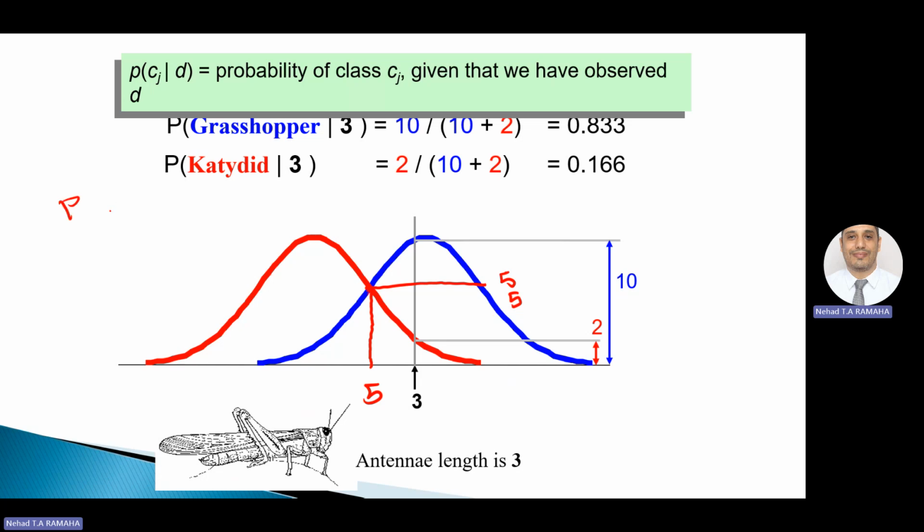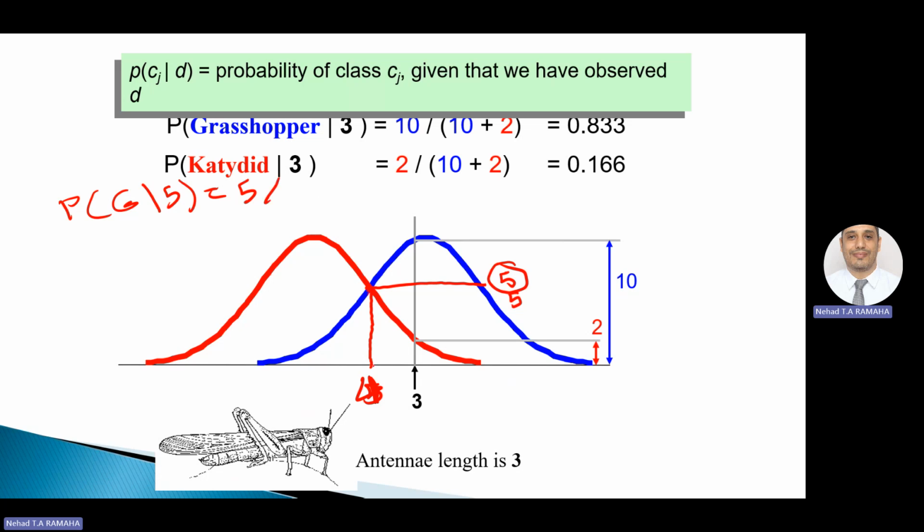What's the probability of being grasshopper given this length? Let me take the number 4 here, so don't confuse between the 5 and the 4. It's 5 divided by the total number.